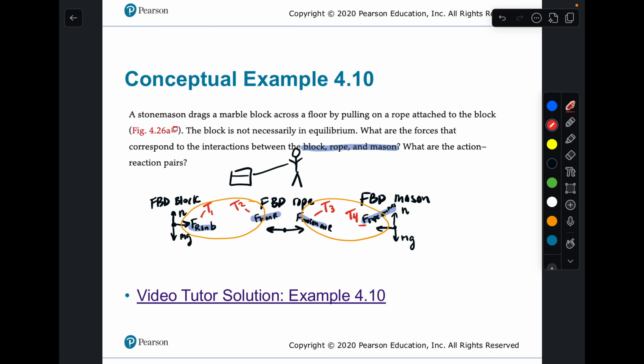In other words, tension 1 is going to be equal to negative tension 2, and tension 3 is going to be equal to negative tension 4. And you can see that because of how we labeled the forces, right? Force of rope on block, force of block on rope, which we called T1 and T2. So those are going to be action-reaction. Force of mason on rope, force of rope on mason.